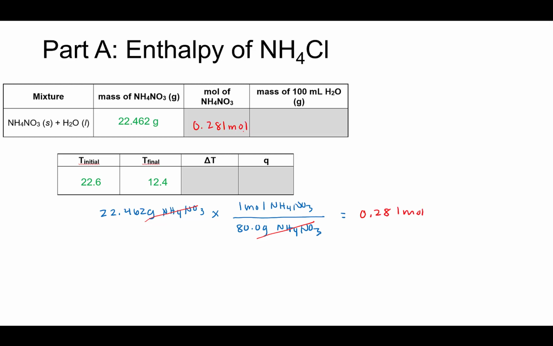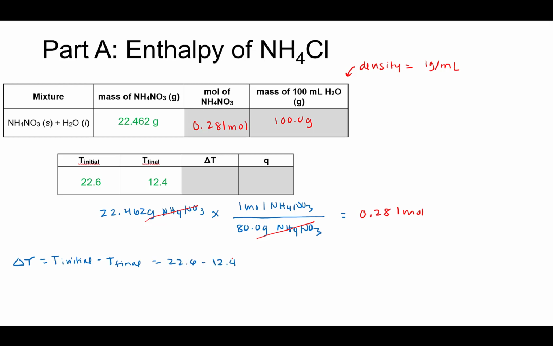Okay, and then the mass of 100 mils of water, we can do that assuming the density of water equals 1 gram per mil. So for 100 mils of water, we'll have 100.0 grams. To determine the delta T, or the temperature change, it's going to be T initial minus T final. So this will be 22.6.